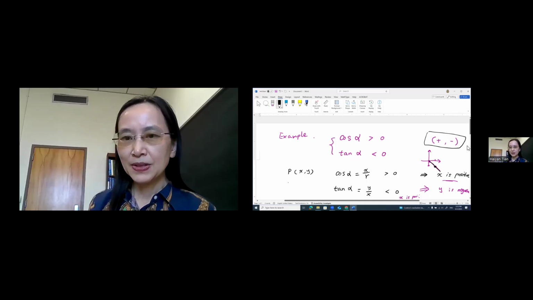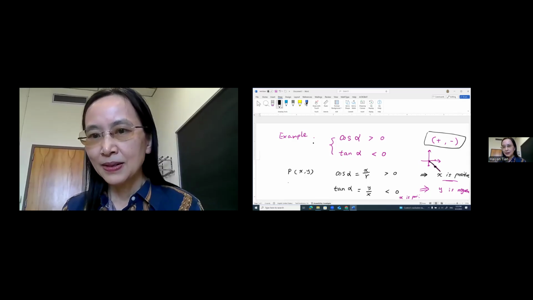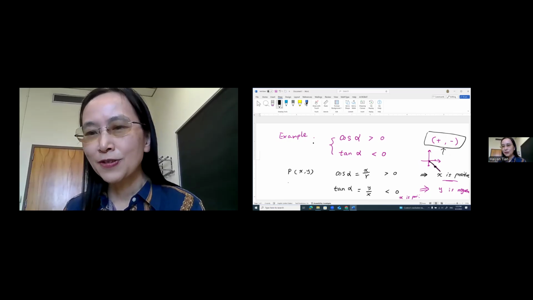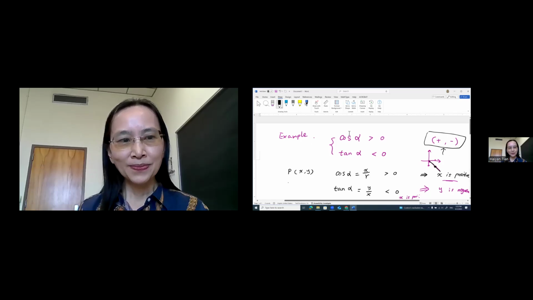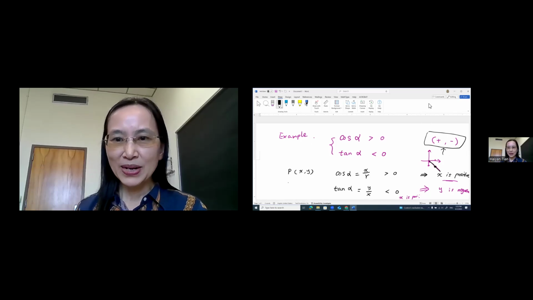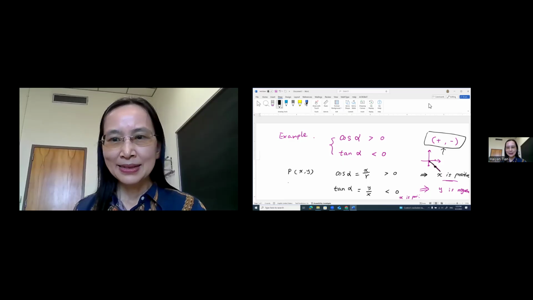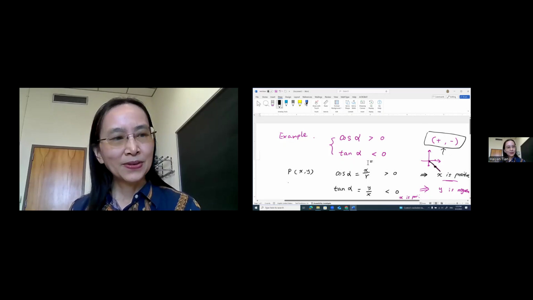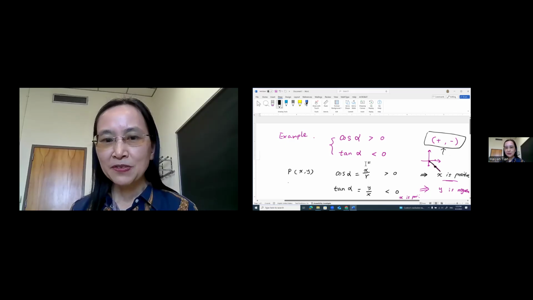Because any point on the terminal side has this feature. Okay, this is one example. So we can tell the location of the angle based on the signs of the trigonometric functions.